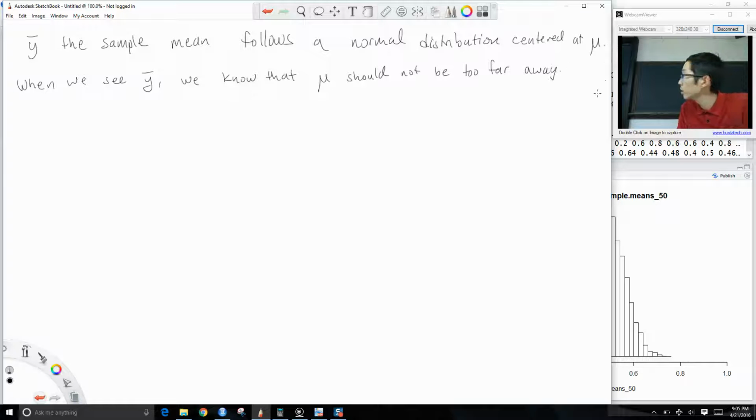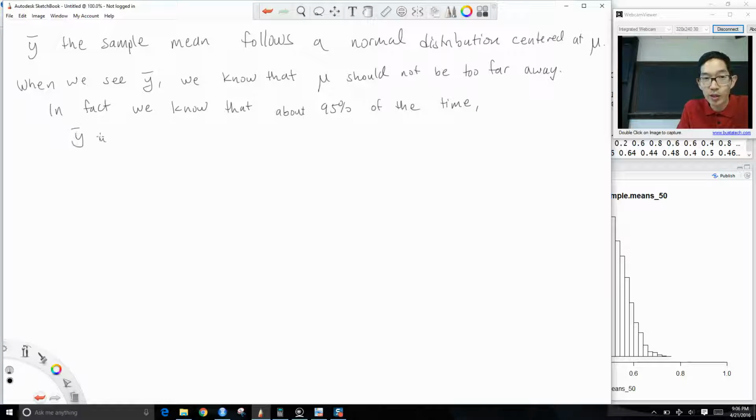And in fact, we know that about 95% of the time, y bar will be within 2 standard deviations of mu.